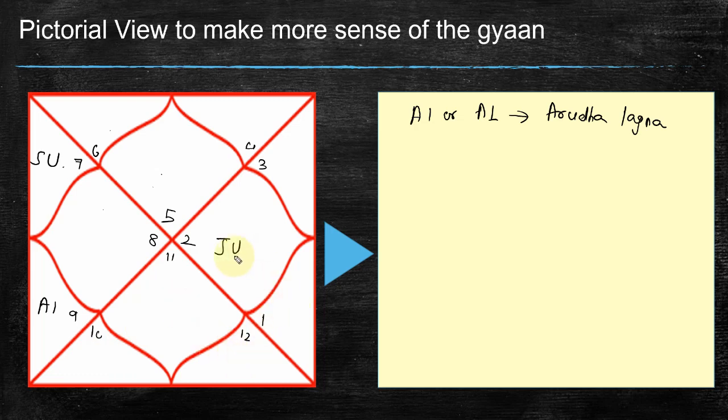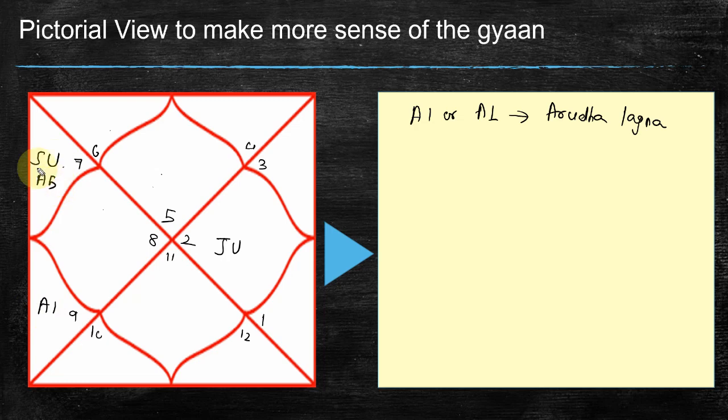So Jupiter is 6 houses away, and so from Jupiter count 6 more houses. 1, 2, 3, 4, 5, 6. So this is actually A5. The Arudha Pada of the 5th house actually falls in the 3rd house.